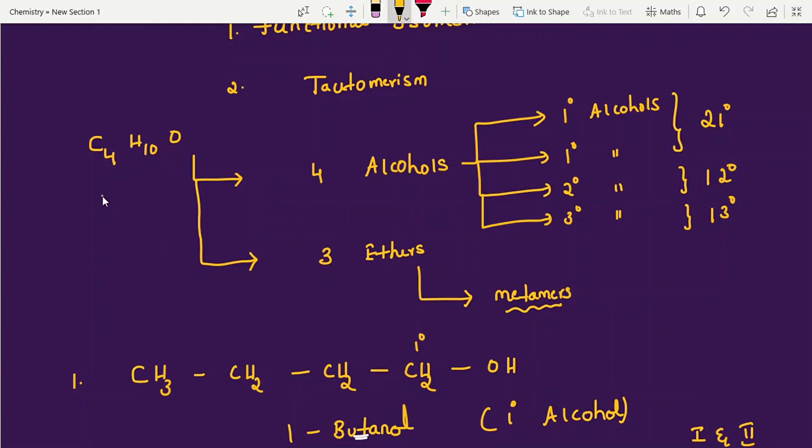C4H10O, totally 7 isomers possible. In that 4 alcohols, 3 ethers. Out of 4 alcohols, 2 primary, 1 secondary, 1 tertiary. Out of 3 ethers, 3 are metamers only. I have written down the structures also.